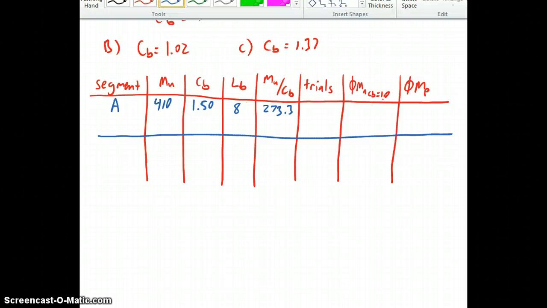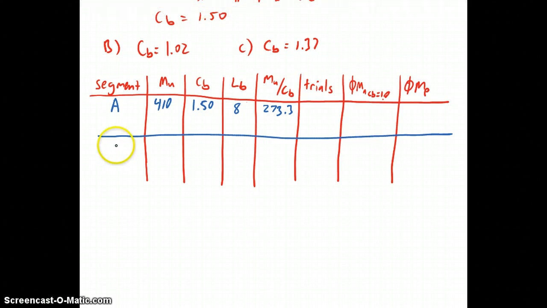And then we'll do the same thing for the other segments. So the other segment, segment B, for example, 507.7 is the max moment in that. C sub B 1.02, 10-foot unbraced length. Normalizing that, we get 497.7.